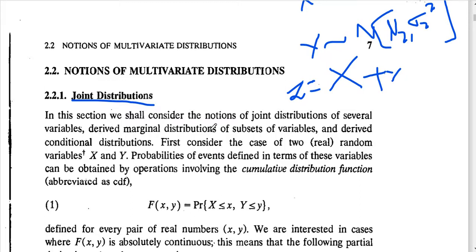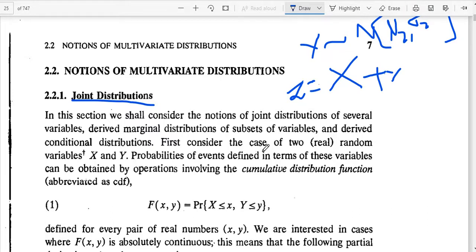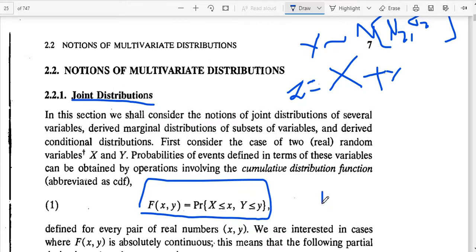derive marginal distributions of subsets of variables, and derive conditional distributions. First, consider the case of two random variables x and y. Probabilities of events defined in terms of these variables can be obtained by operations involving the CDF. This is the definition of the CDF. In the univariate case, F of x equals the probability that capital X is less than or equal to small x.